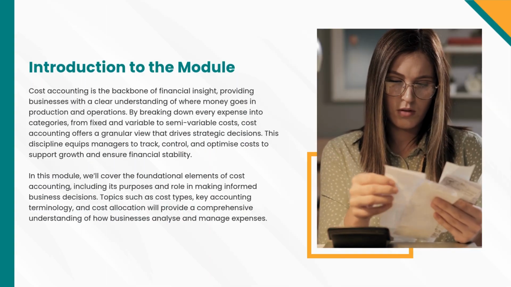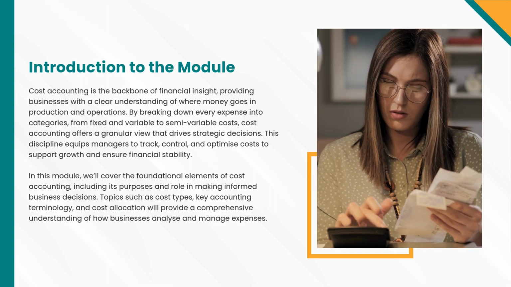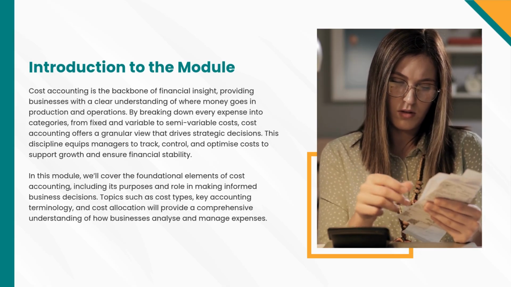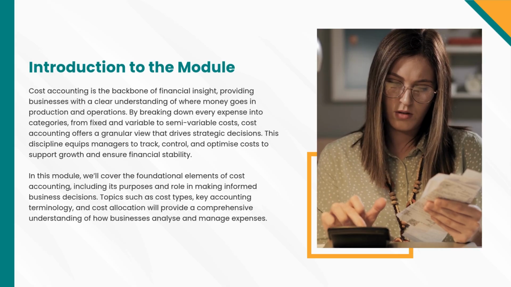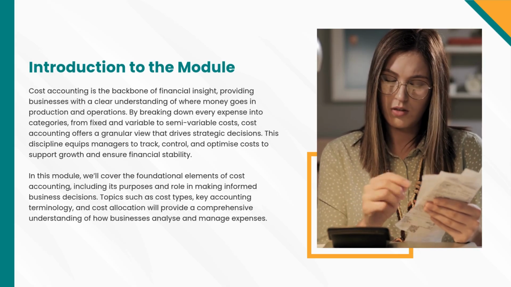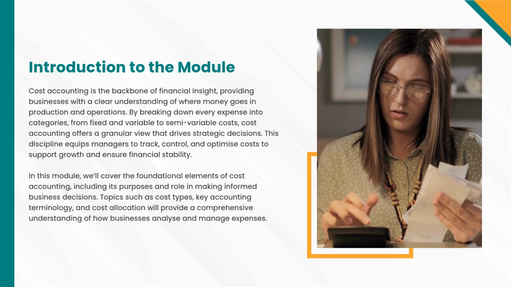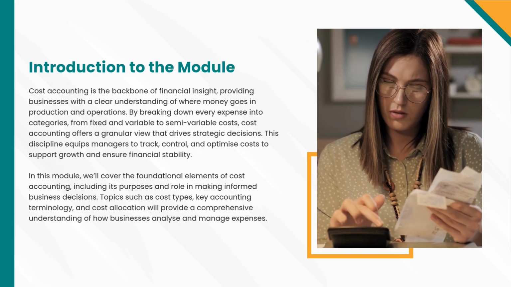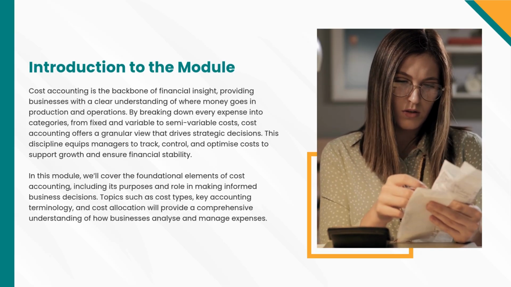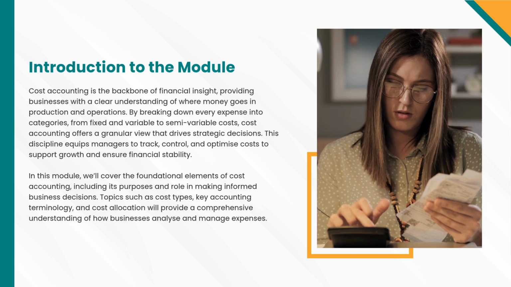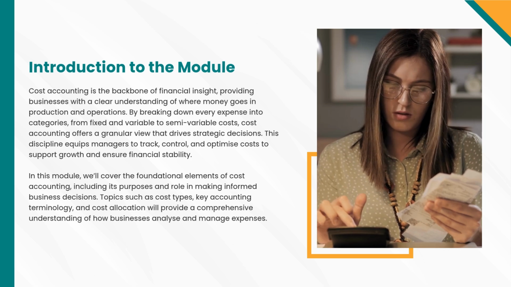Introduction to the module. Cost accounting is the backbone of financial insight, providing businesses with a clear understanding of where money goes in production and operations. By breaking down every expense into categories, from fixed and variable to semi-variable costs, cost accounting offers a granular view that drives strategic decisions. This discipline equips managers to track, control, and optimize costs to support growth and ensure financial stability.